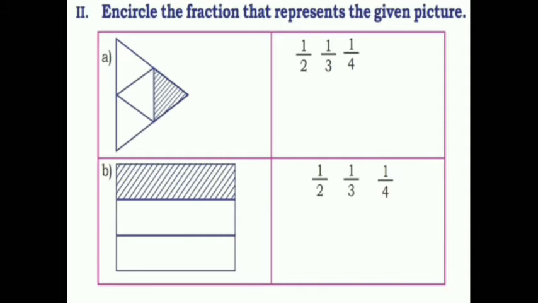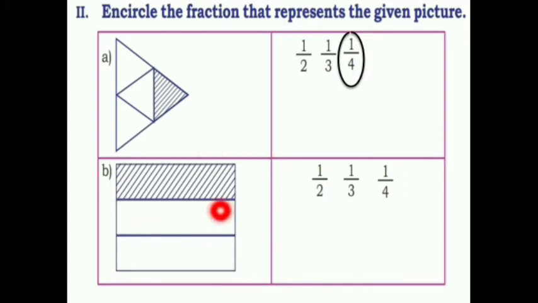This figure is divided into 4 equal parts. So the denominator will be 4. Here which fraction has 4 as the denominator? Yes, this fraction has 4 as the denominator. So we should circle this fraction.